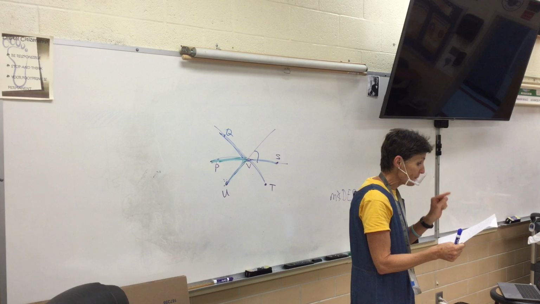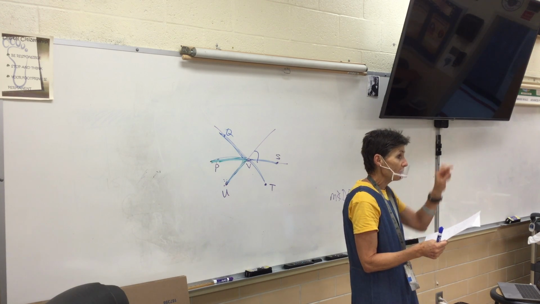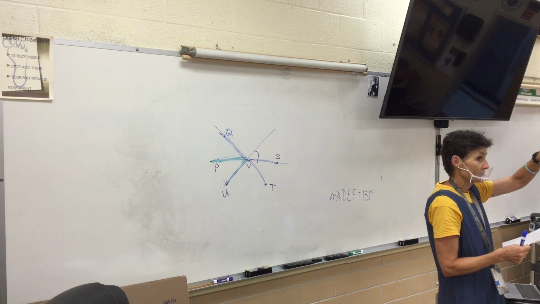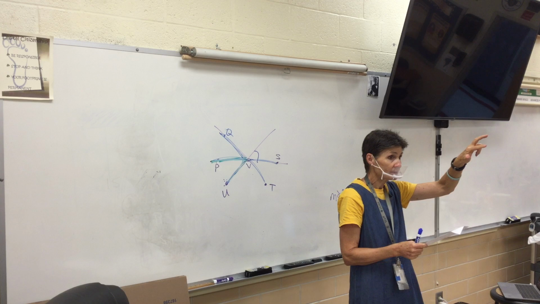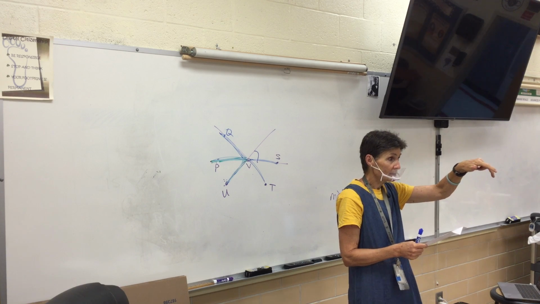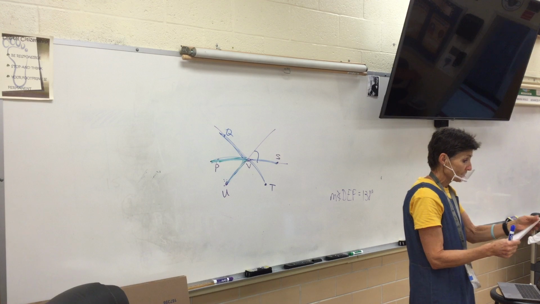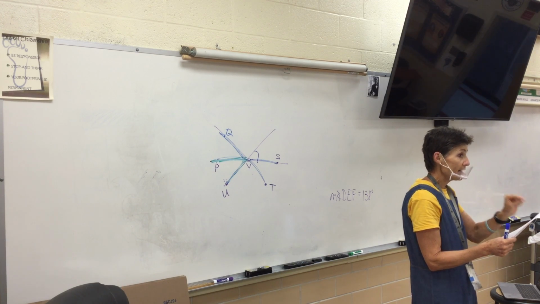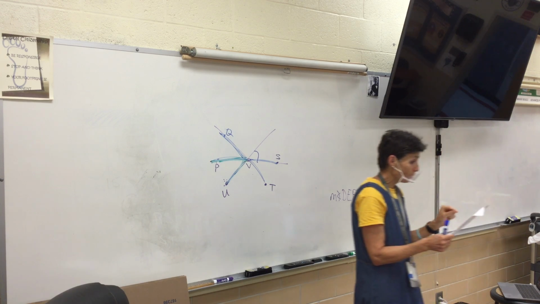So angle MNL, find angle MNL. How many marks does it have? 2. Everybody see that? MNL? So what other angle has 2 marks? ONL? So the answer is angle ONL.